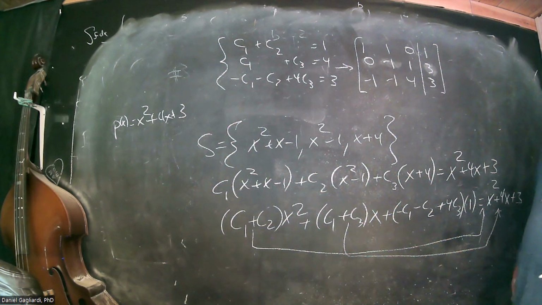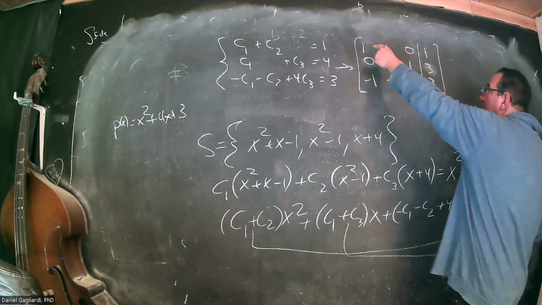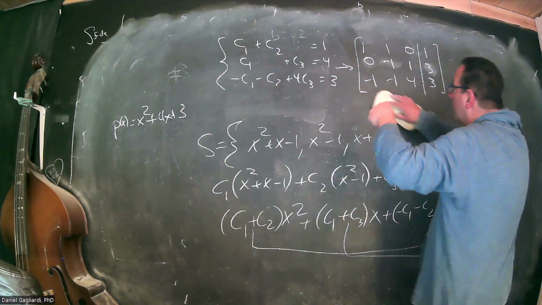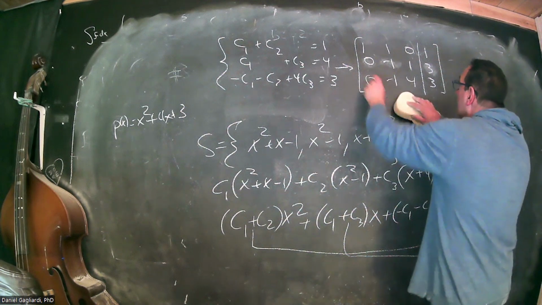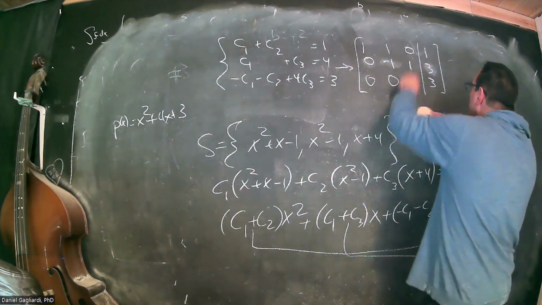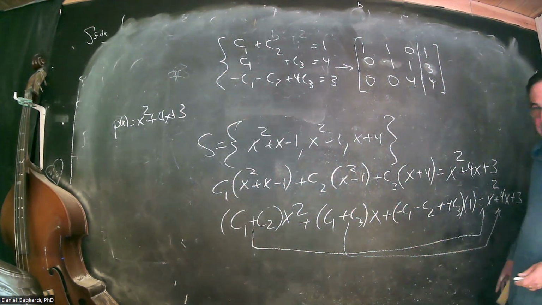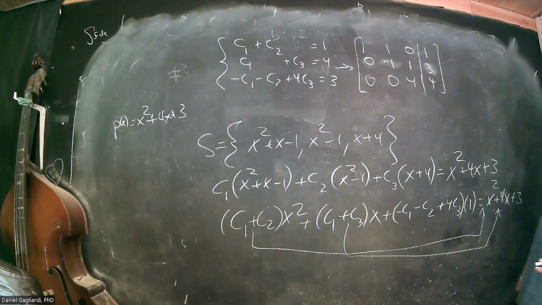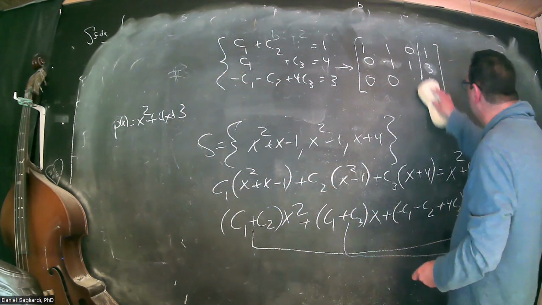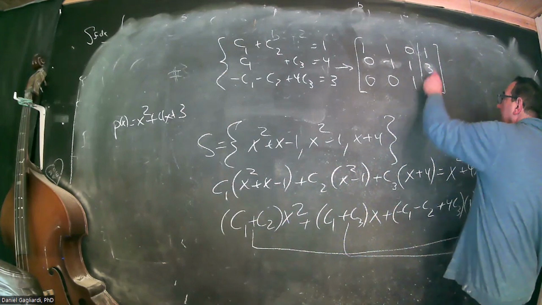Okay, all right, so let's add row 1 to row 3. Oh, that's nice. We get a 0, we get a 0, we get a 4, and a 4. That makes me happy because I don't have to introduce fractions, at least yet. So I divide row 3 by 4, and I get 1, 1.